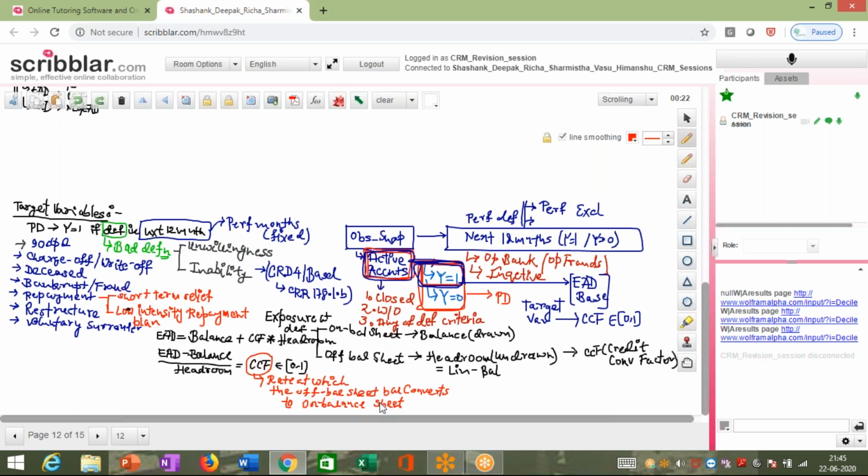So over here, we need the rate at which the off balance sheet balance converts itself to the on balance sheet balance. I need that rate.